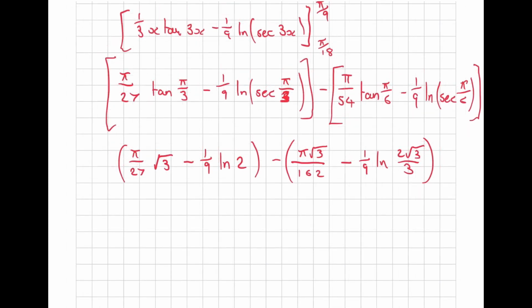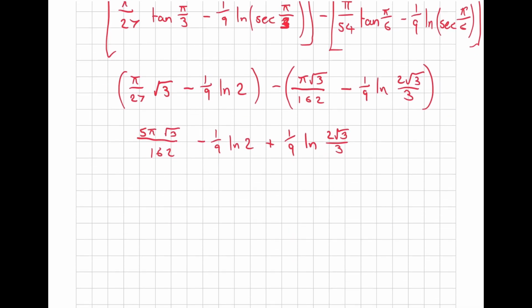However, we actually do pi over 27 root 3 minus pi root 3 over 162. We get 5 pi root 3 over 162. Now we've got minus a ninth ln 2 plus a ninth ln 2 root 3 over 3.